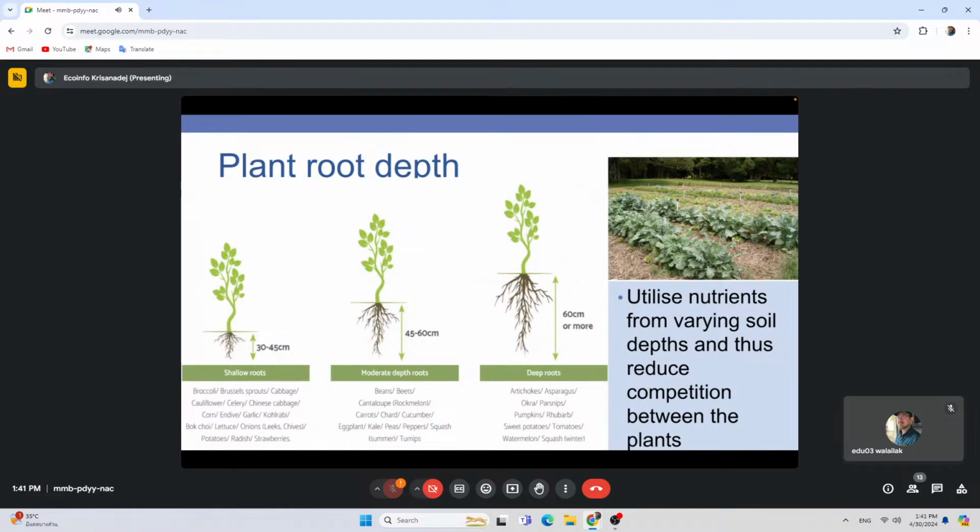For the moderate deep root, like carrots, beans, beet, turnips, peppers. For the deep root, like artichoke, asparagus, sweet potatoes, pumpkins, rhubarb, watermelon, squash, those are deep roots. So you can do deep root and then shallow root the other year. That means your produce will have high productivity in both years.